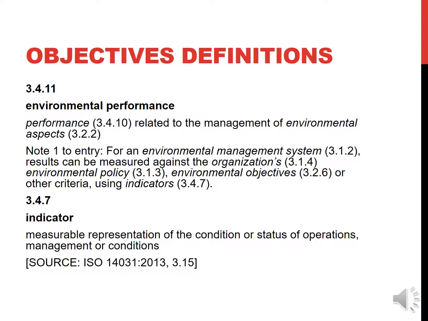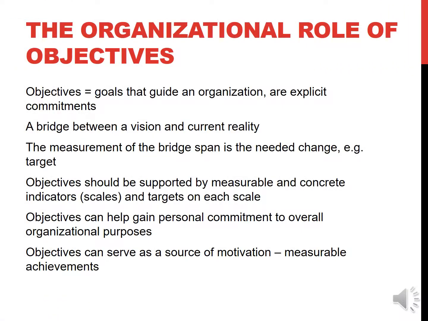And so within an environmental management system, you can measure the results against your policy objectives or other criteria. How well are you performing? And the other criteria could be specific measures of environmental conditions. Now, the environmental conditions come in when we're looking at indicators.